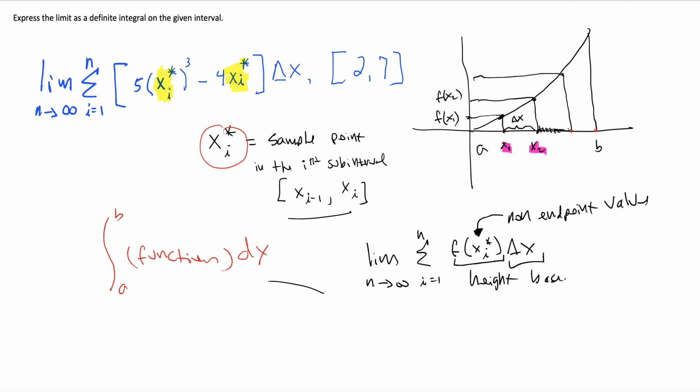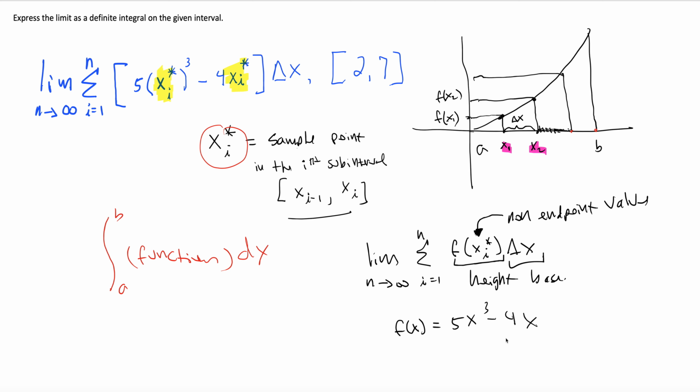But over here, they just want the general function. So the general function is basically this piece right here, except instead of x sub i star, you're just going to put x. So our function is f of x equals 5x cubed minus 4x.